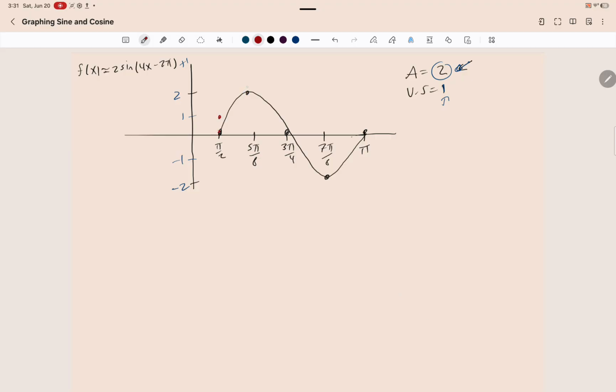This value, it's at 2, so it's going to move to what? 3. This value, it's at 0, so it's going to move to 1. This value is at -2, so it's going to move to -1. And this value, it's at 0, so it's going to move to 1. But guess what? All we do now is we just connect the points. And then we essentially graph the function that we wanted to graph.